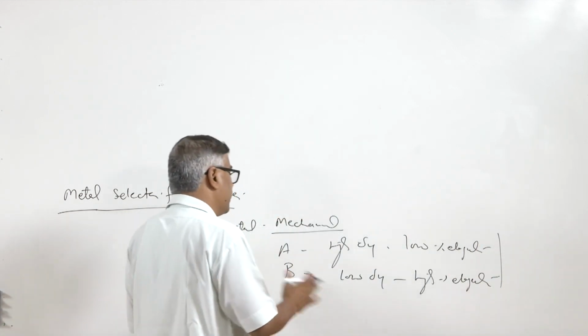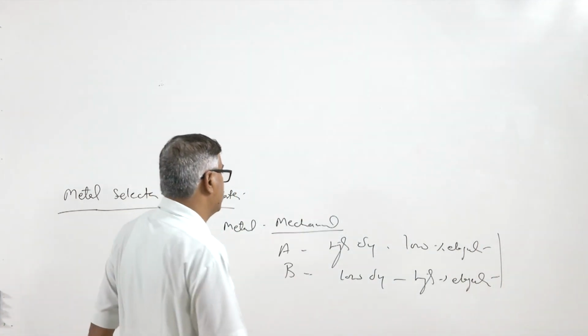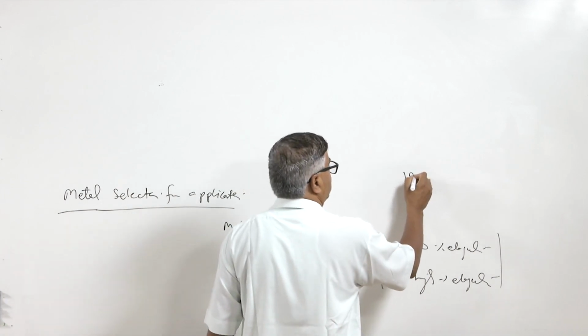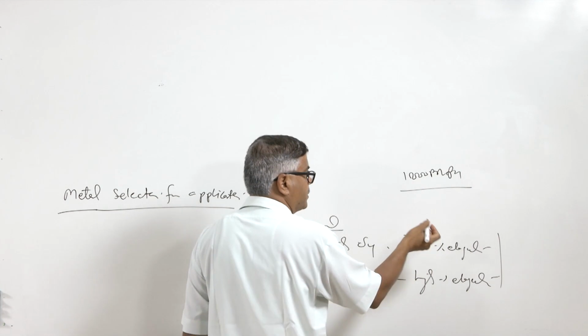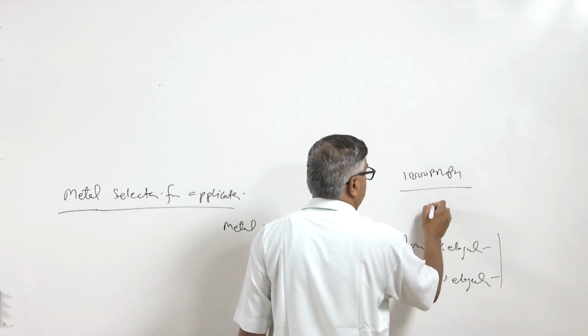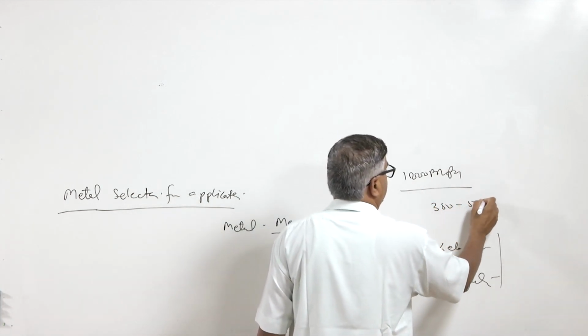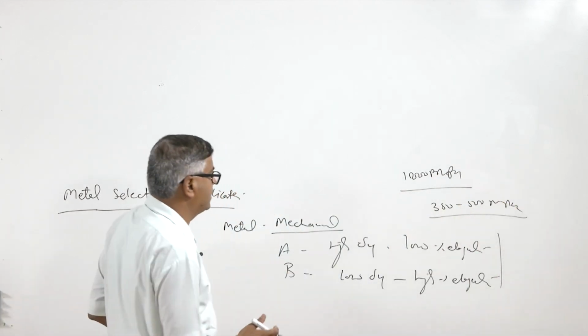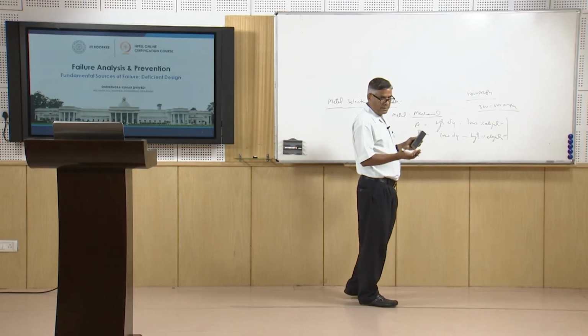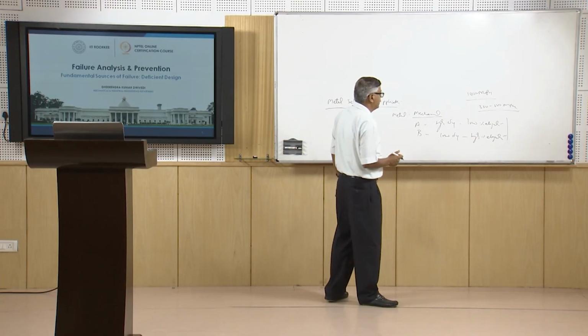Likewise there can be very wide ranges, like titanium alloys may have a strength of 1800 MPa. On the other hand, our simple mild steel may have, say, 350 to 500 MPa. So, there can be a lot of variation in terms of the strength, the toughness and the ductility that they offer.